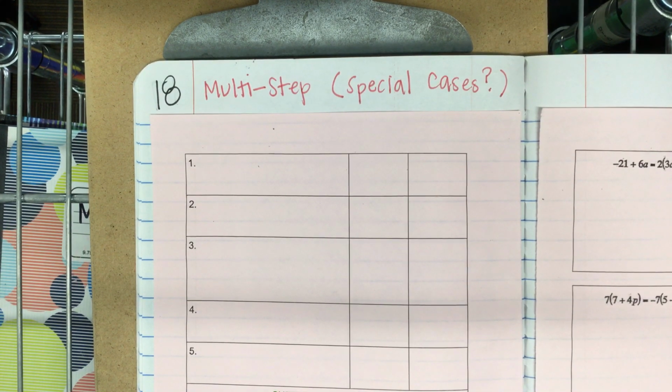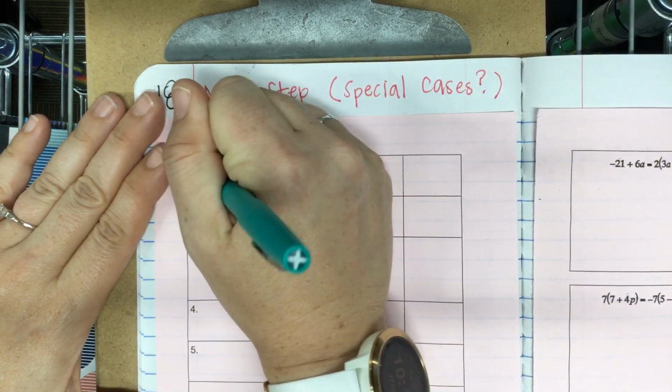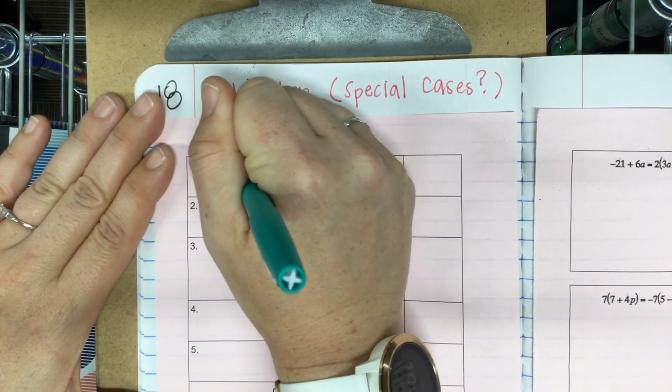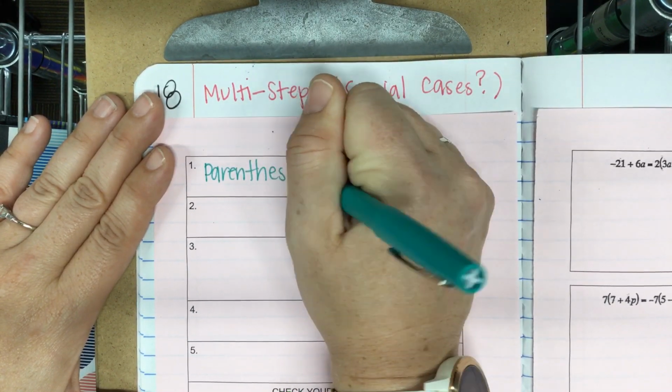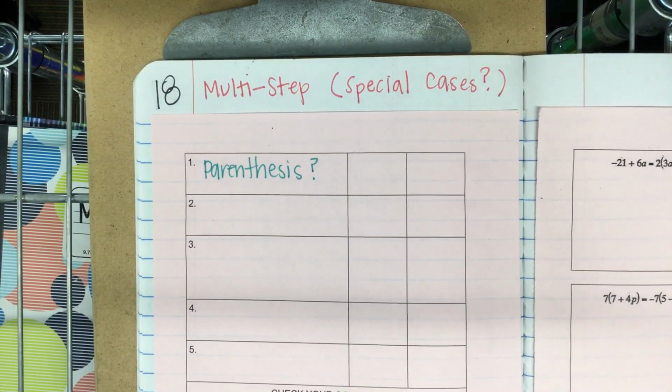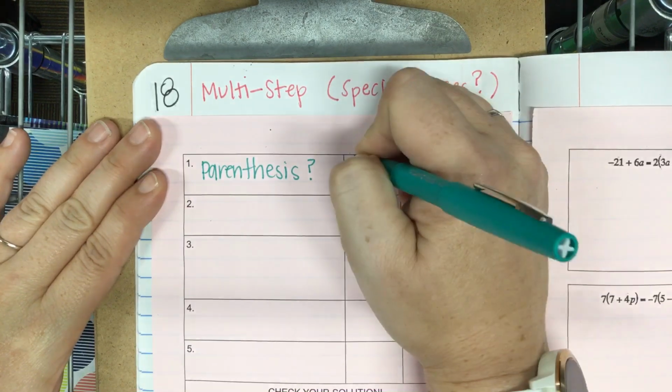So we follow the same steps every time. Step 1, are there parentheses? That's our question. You ask yourself always, question number 1, are there parentheses? And if the answer is yes, what do you do?